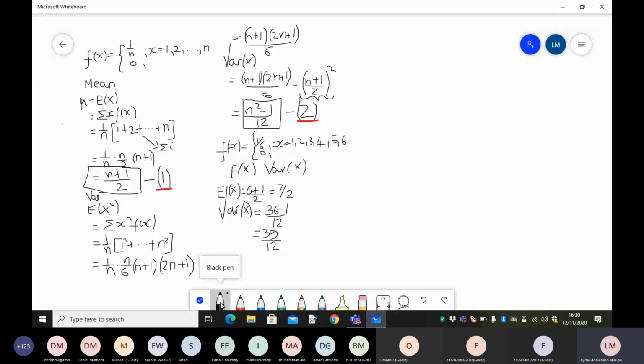Let us go to the next distribution, which is also commonly used. The second distribution, known as Bernoulli distribution.